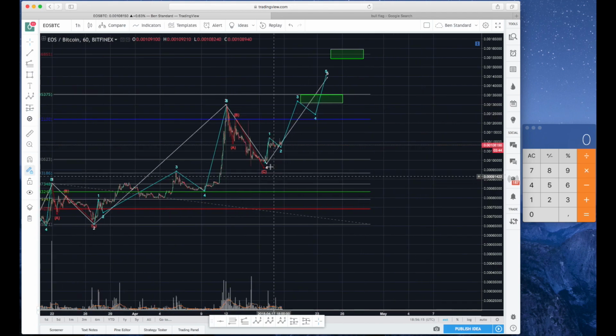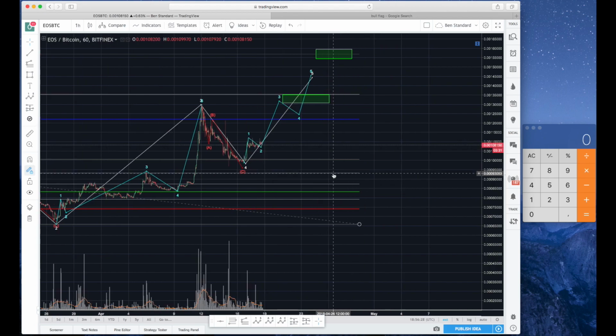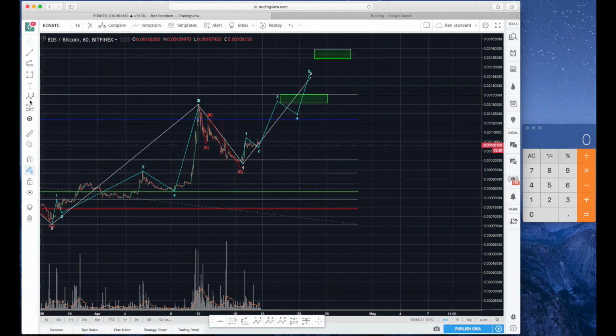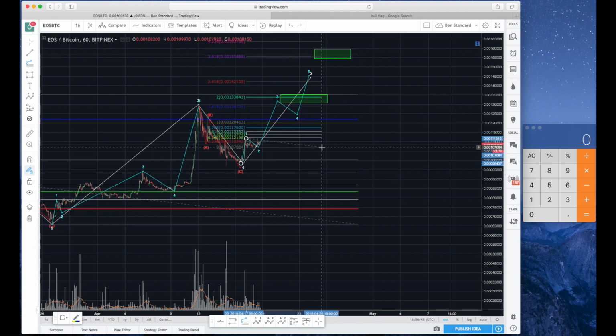And now that we know that the first subwave of the fifth wave is completed, we can use the same technique here and just use the trend-based Fibonacci tool and take it from the bottom of the first wave to the top, and then to the beginning of the third wave.